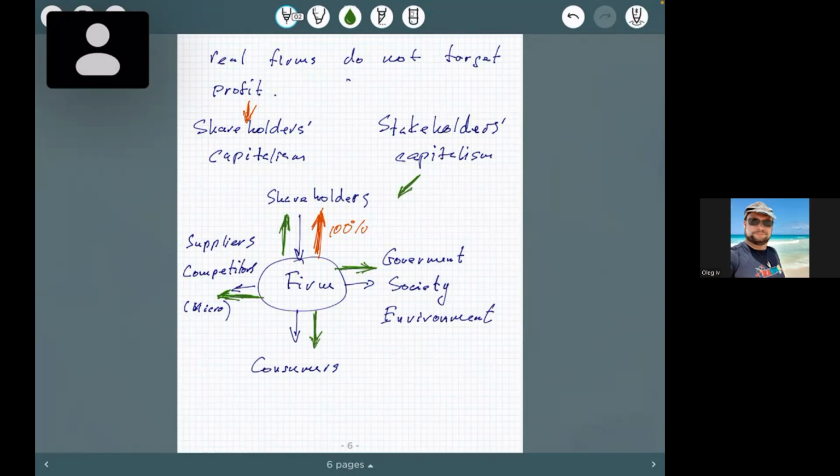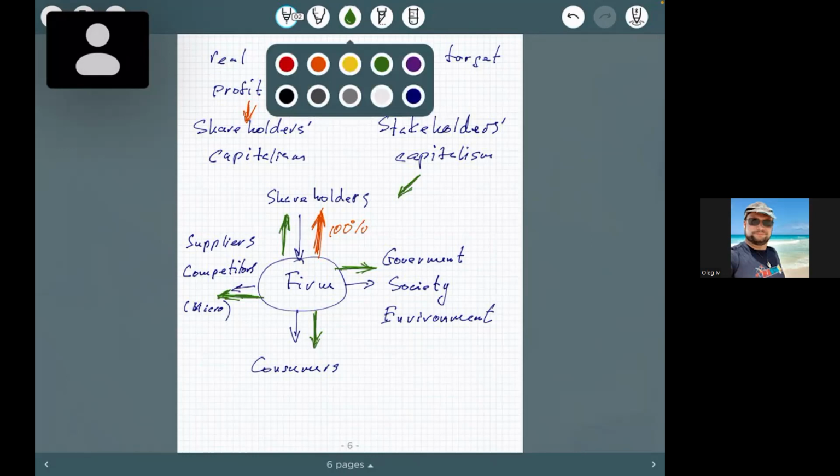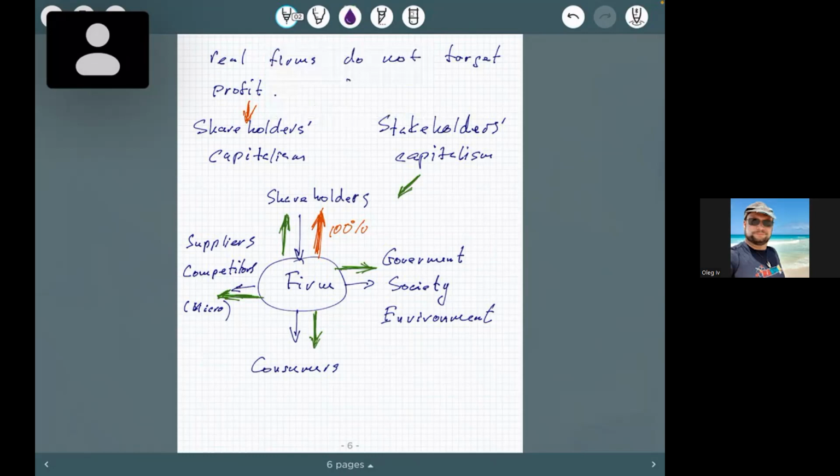So let's say the company gives shareholders good value and it provides consumers good service, but it harms the environment, basically takes from the environment.